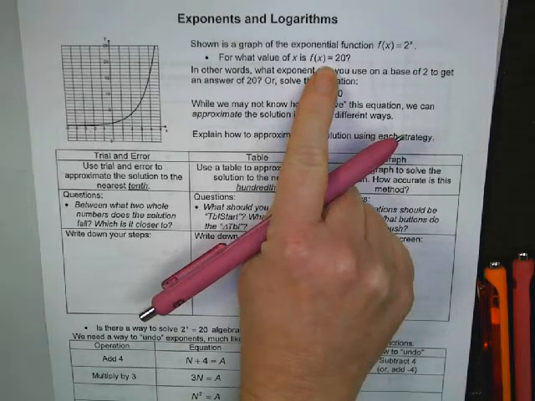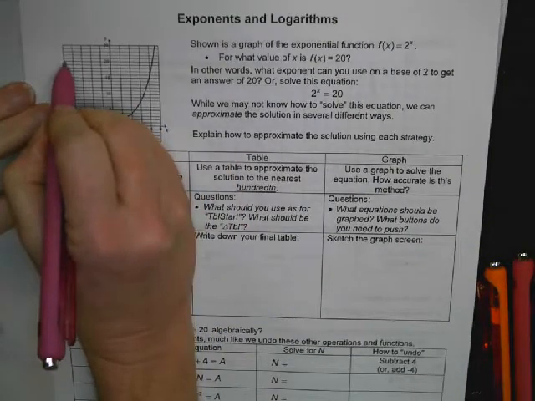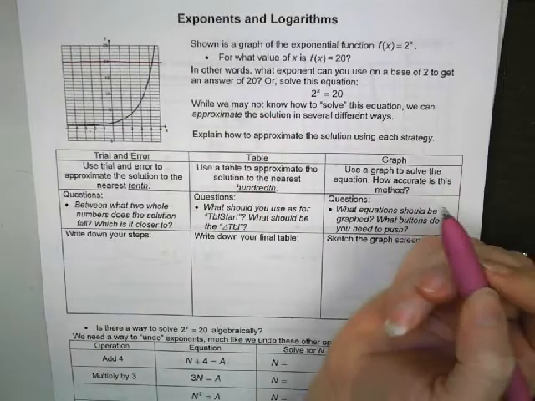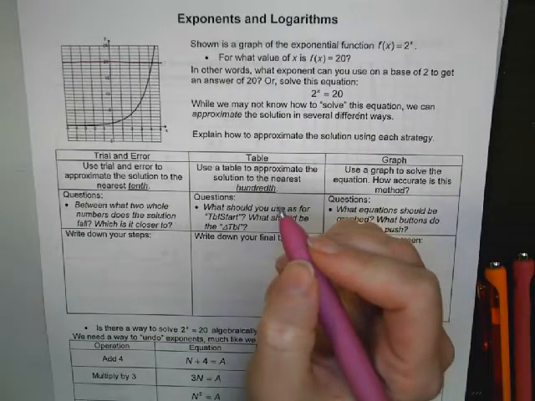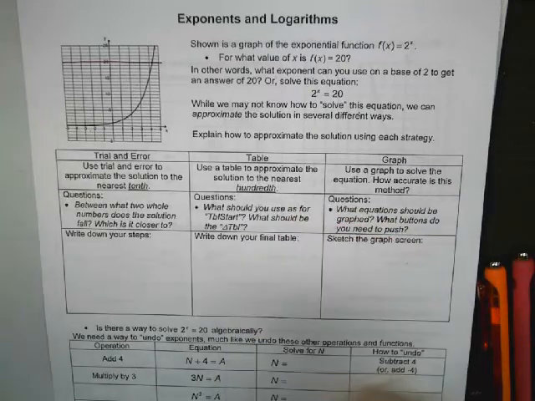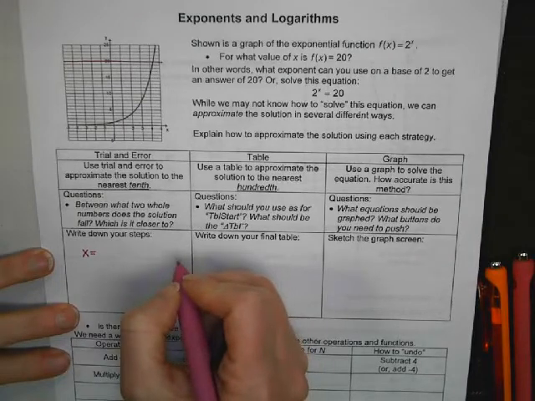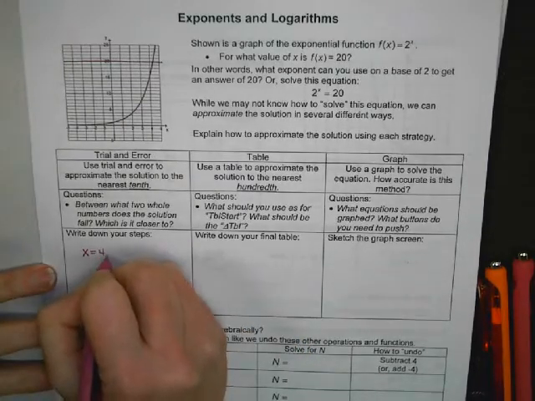So it's kind of hard to tell, but if you were to go up to 20 and draw a line across, what do you think the x would be? Is it a decimal? It's going to be like 4.5, or 5.2.